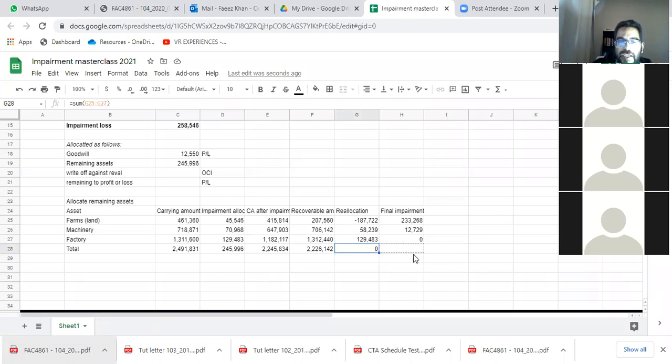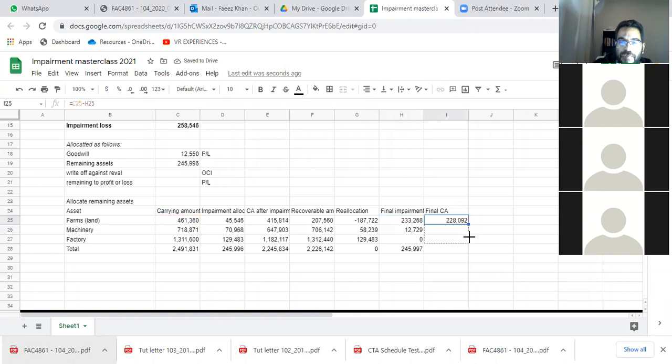And as you can see, the impairment allocated equals what we wanted, the 245,996. Your final carrying amount will simply be carrying amount before impairment minus final impairment, which is 228.